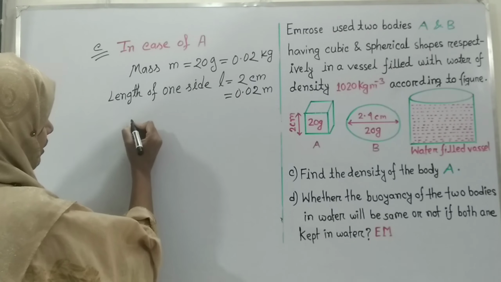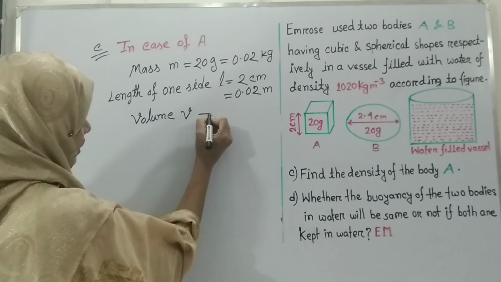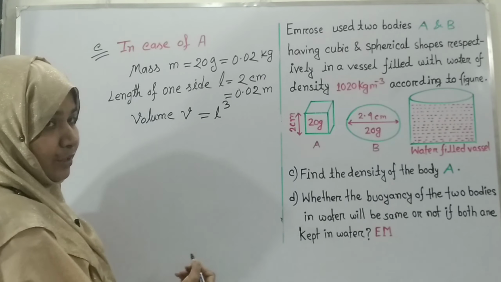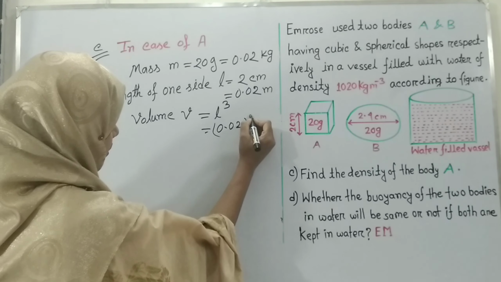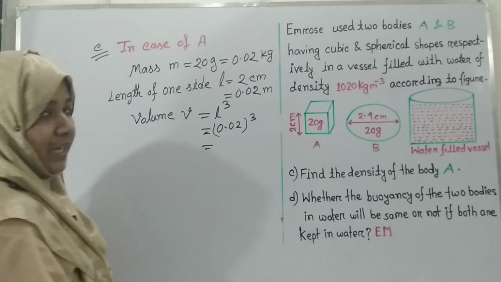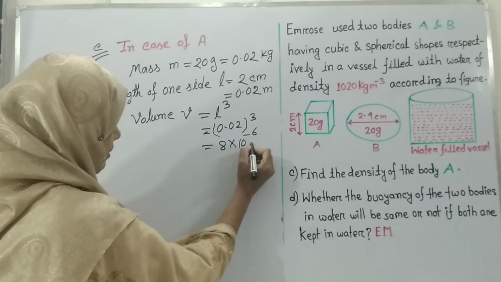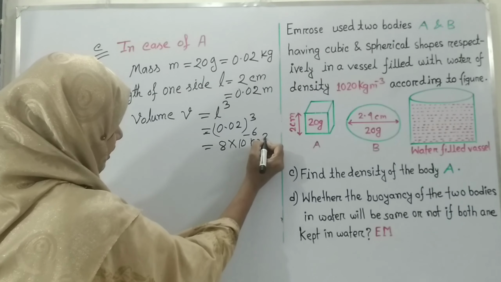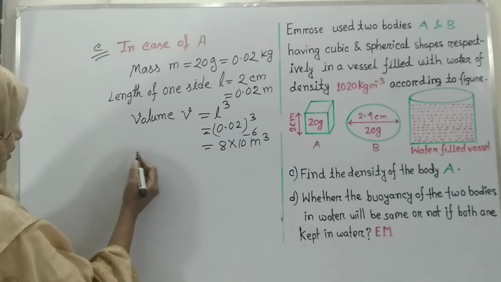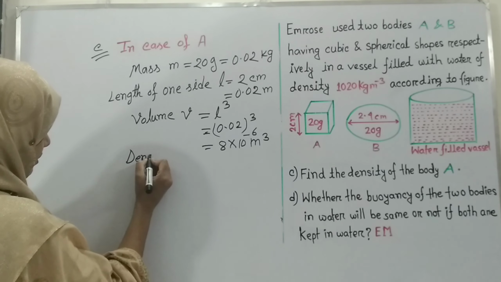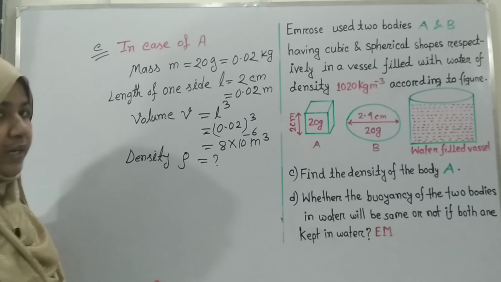So the volume of the object, V, will be L to the power cube, 0.02 cubed. By calculating it, you will get the answer 8 into 10 to the power minus 6 meter cube. Now we have to calculate the density. Rho equals what?